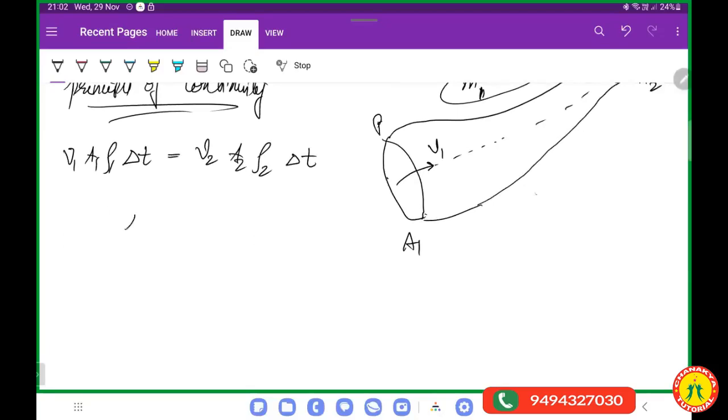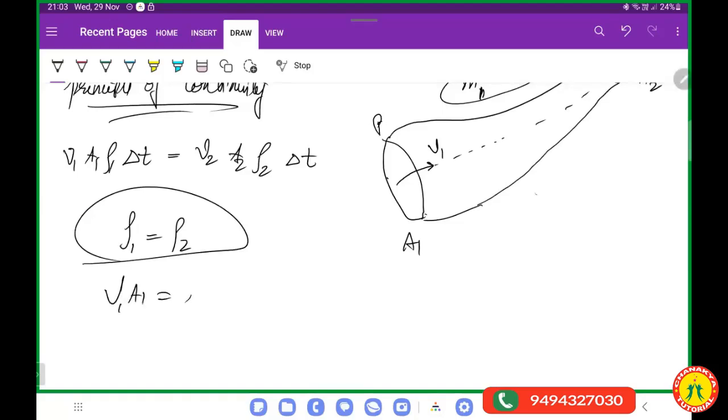So if we consider density the same, because the same water or same air is flowing throughout, we can say V1A1 equals V2A2. That is the equation of continuity.